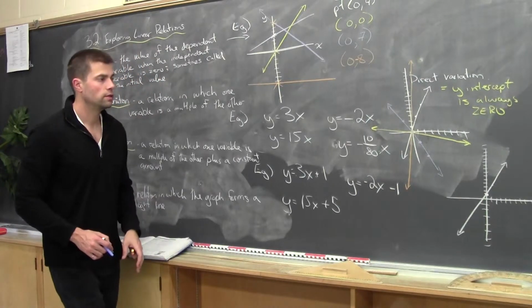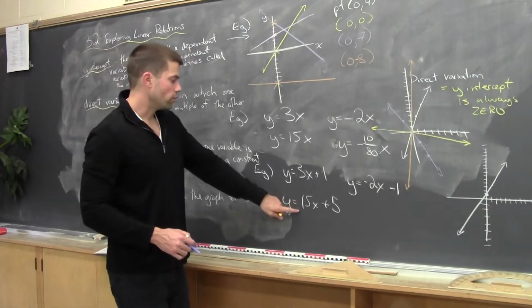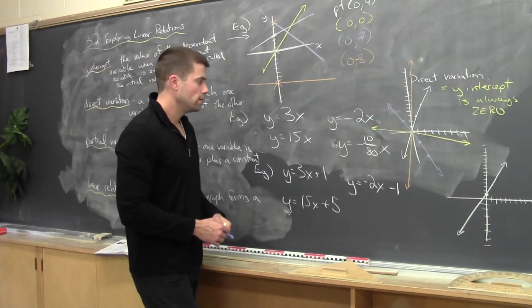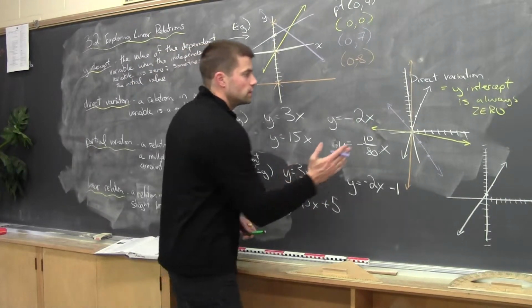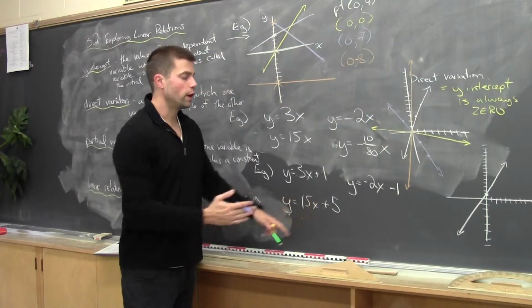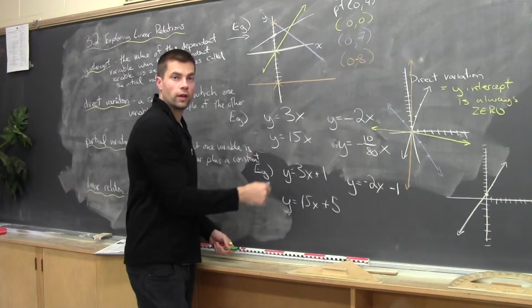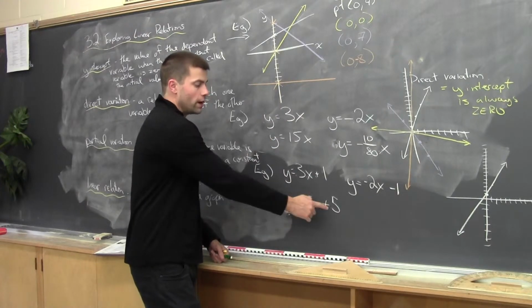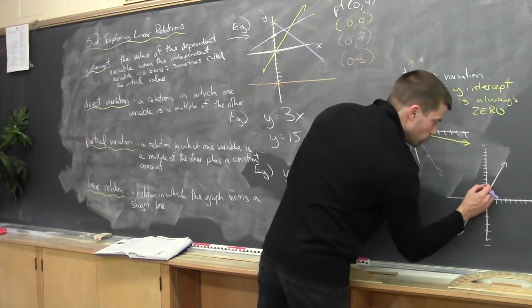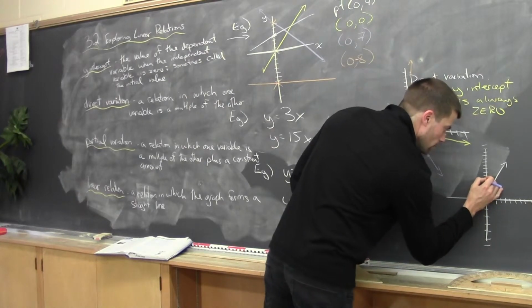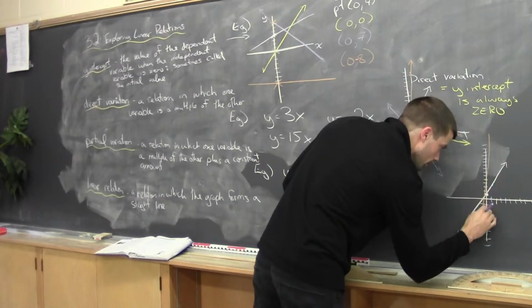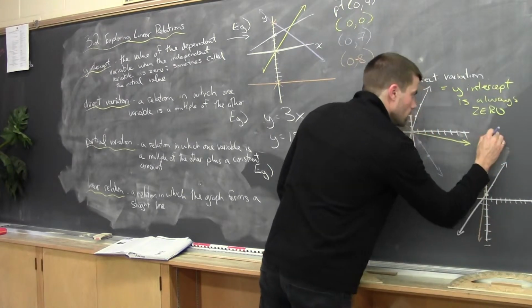Okay? And likewise, for the next one, y is 15x plus 5. We're going to get this same extremely steep slope, but it's actually going to be moved up 5 values. Okay? That's because when x is 0, y is actually 5. So I get this graph now. 1, 2, 3, 4, 5. I get an extremely steep graph like this.